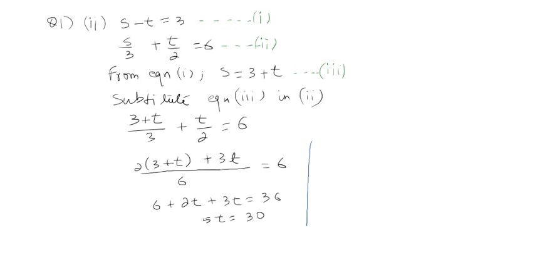So t is equal to 30 upon 5. Therefore t is equal to how much? 6. Right. So the value of t, we now got it.